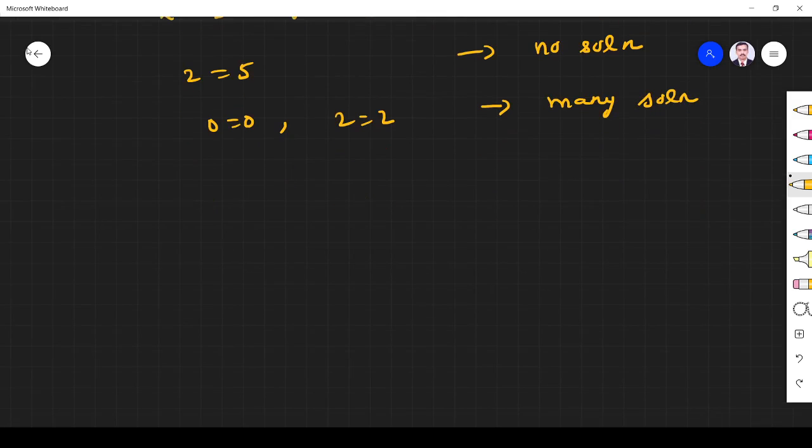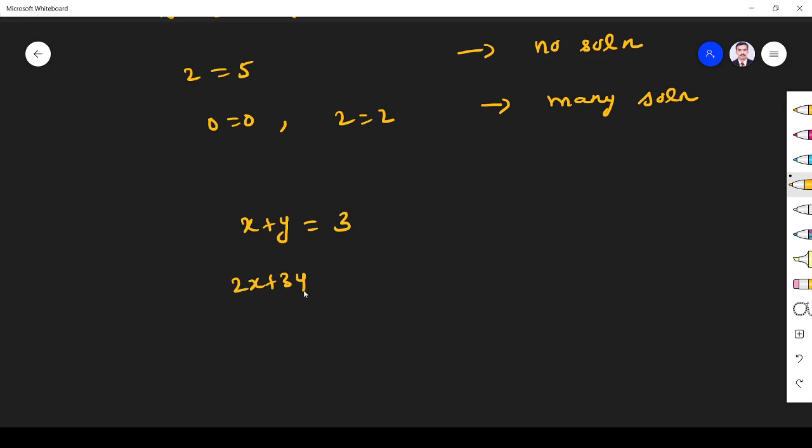Let me give you one example. x plus y is equal to 3, and 2x plus 3y is equal to 8. I want to find x or y first, so I multiply equation 1 by 2. So 2x plus 2y is equal to 6.